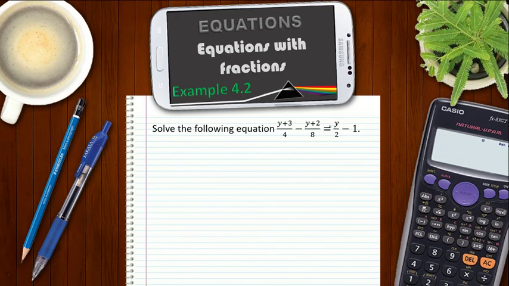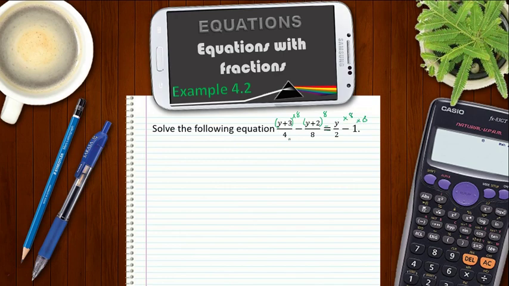When we have an equation, meaning we've got an equal sign over here, this is much easier than algebraic fractions, because instead of putting everybody over 8, all you have to do is multiply everybody with your lowest common denominator, which in our case is 8.